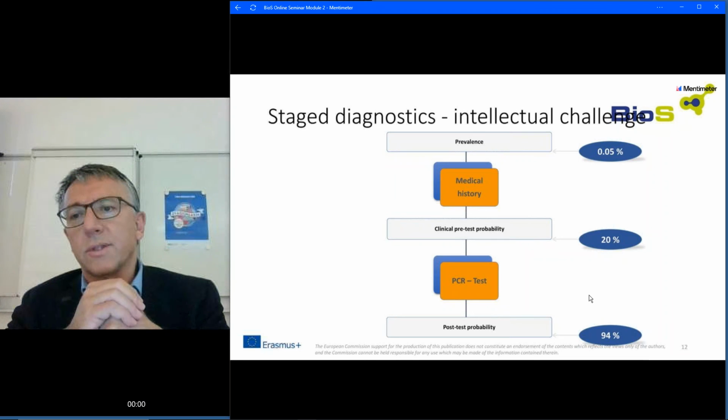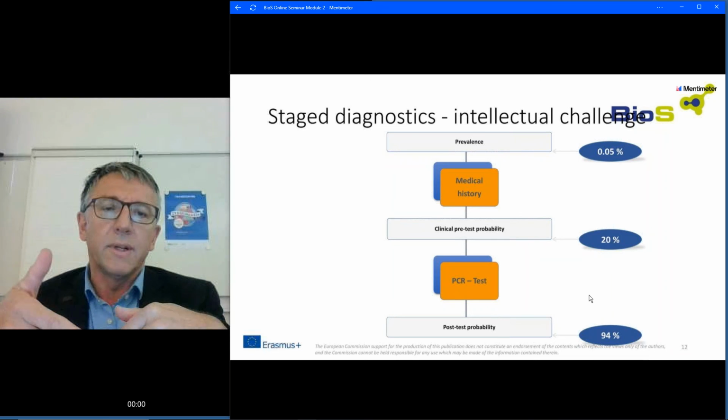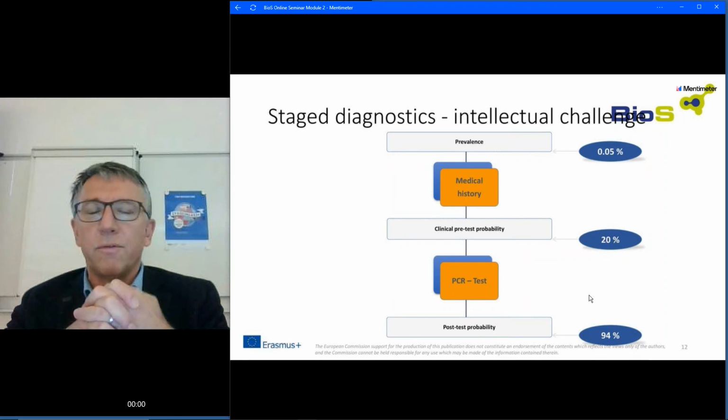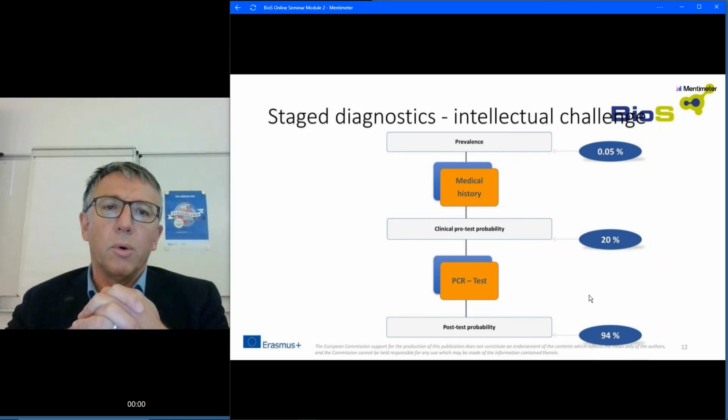So that's why the screening has to be interpreted differently. So the screening makes sense because it allows you to calculate the prevalence. But it doesn't have a lot of information for the individual because of the low pretest probability.